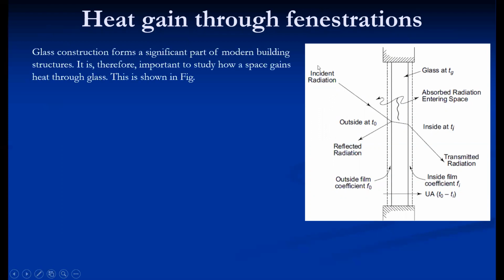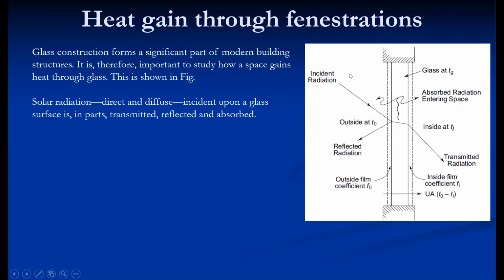Glass construction forms a significant part of modern building structures because, from an aesthetic point of view, it is an essential component. It is therefore important to study how a space gains heat through glass, and this is shown in the figure.